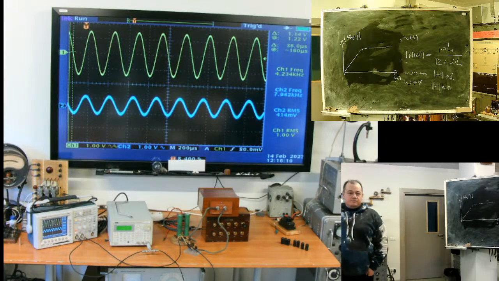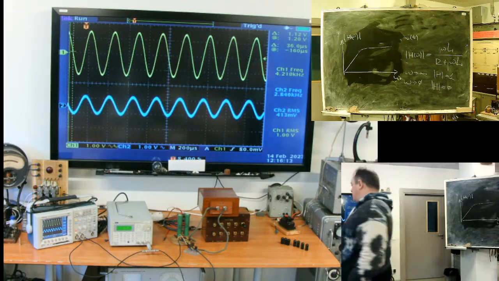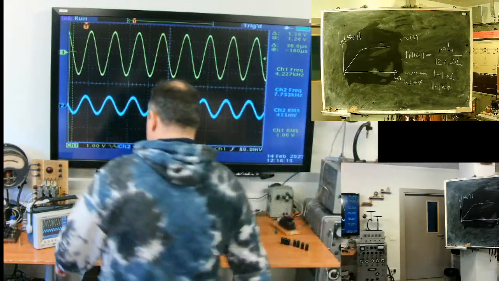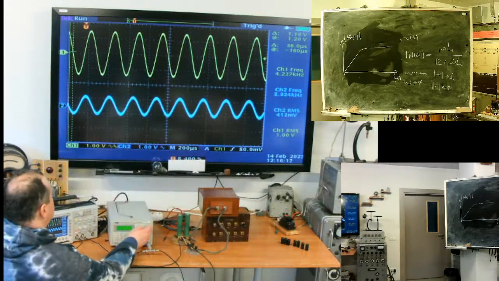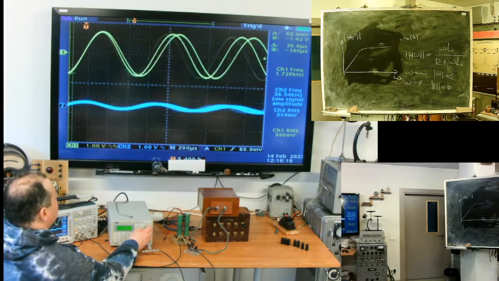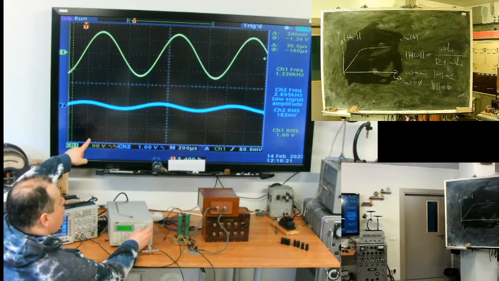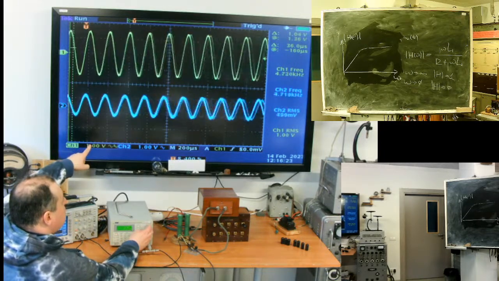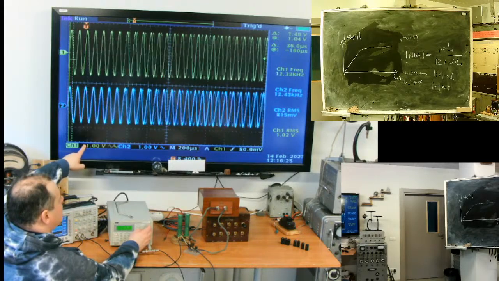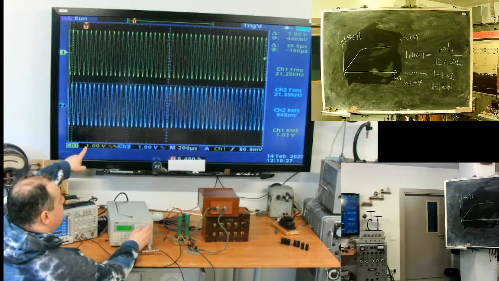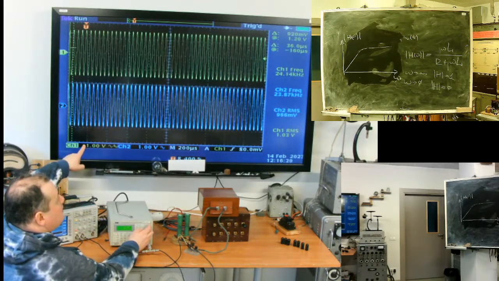Can we check it? There is. Frequency down, output also down. Frequency up. See, they are equal.